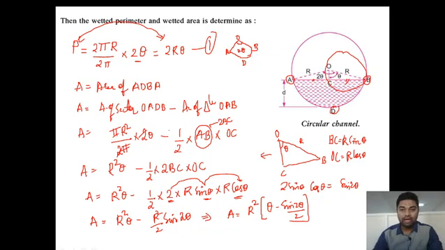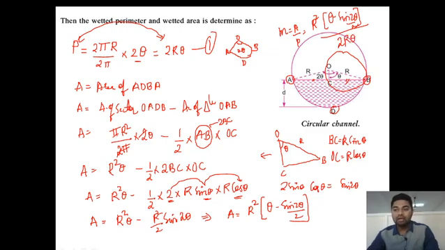Now hydraulic depth. The formula to calculate hydraulic depth is m is equal to A by P. So, what is A over here? r square into theta minus sin 2 theta by 2, divided by P. P is 2r theta.